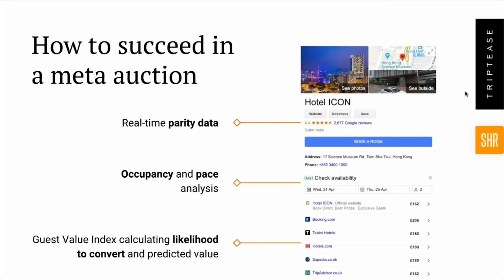To put some data behind that, OTAs are getting 24% of their inbound traffic from Metasearch. That's massive: 1 in 4 of their inbound users are coming from Meta. For the average hotel, it's only 2%. So there's an enormous difference between how well hotels are monetizing and harnessing the power of Meta versus what the OTAs are doing.